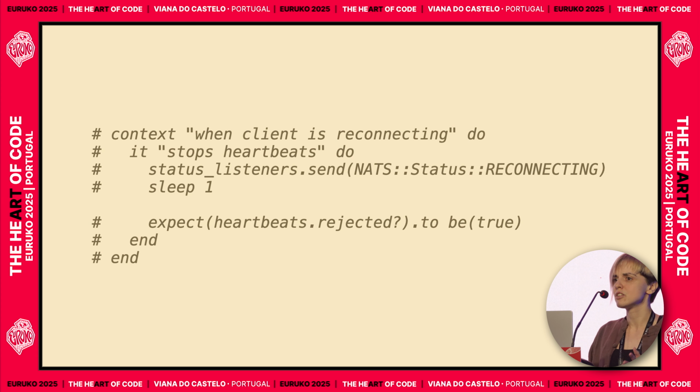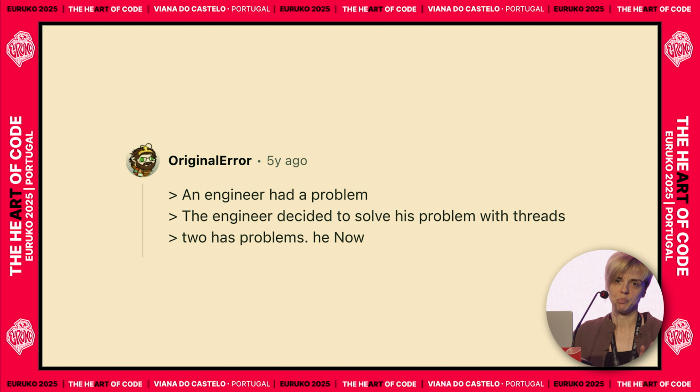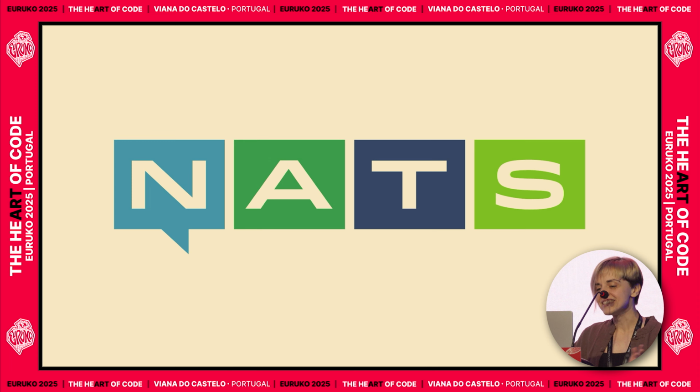Sounds familiar. We've all been here, we've all done that. And it gets 10 times worse once threads enter the picture. And that's exactly what I had to face while working on the Ruby client for NATS.